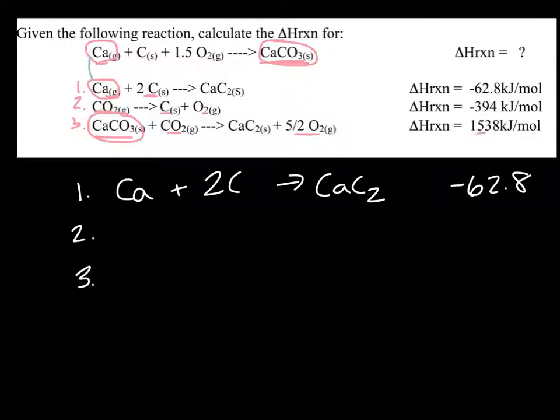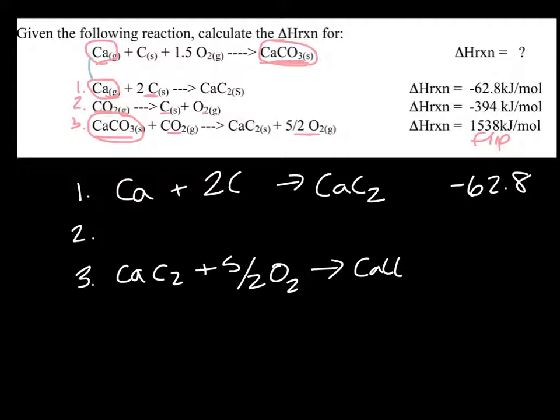So I need to flip this reaction, but I don't need to multiply it because they have the same coefficient. So when I rewrite it, I'm going to flip the reactants and products. So calcium carbonate becomes a product, and then when I flip it, our sign changes.